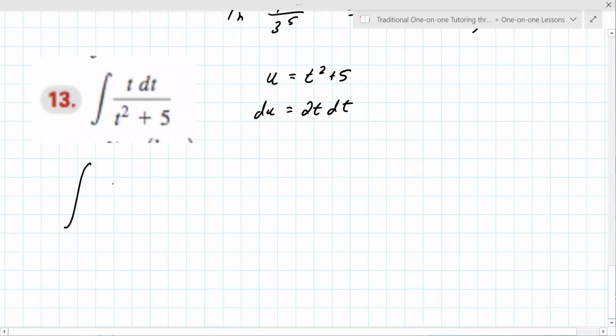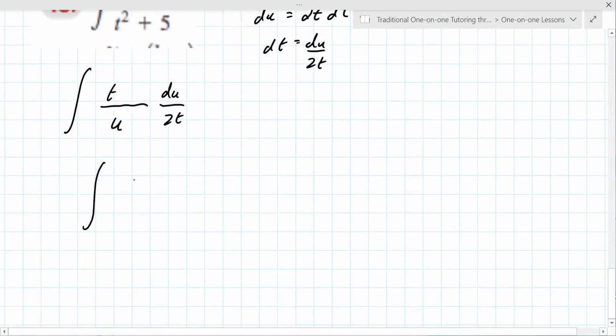So you have the integral t dt over u, and then instead of dt is du over 2t. Okay, so it's du over 2t, integral 1/2 1 over u du. Yeah, those cancel.